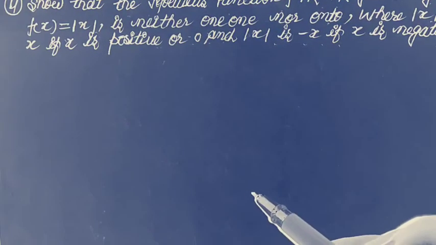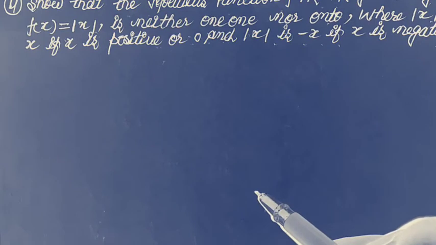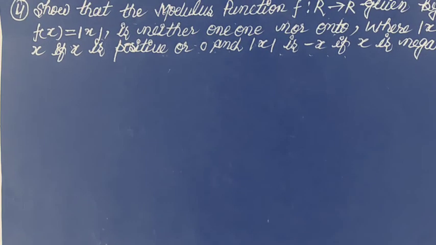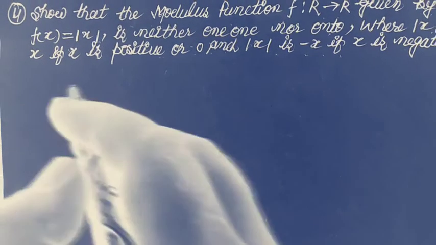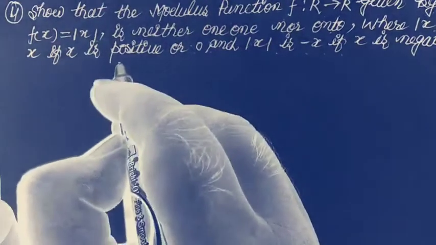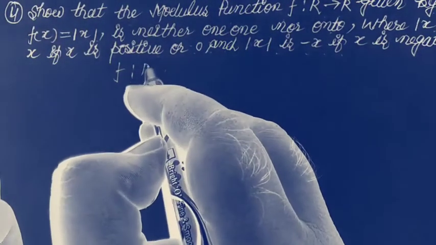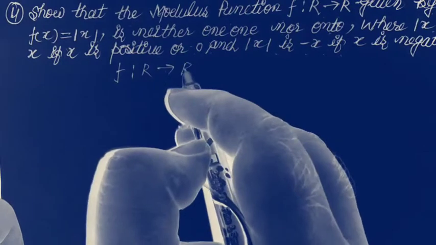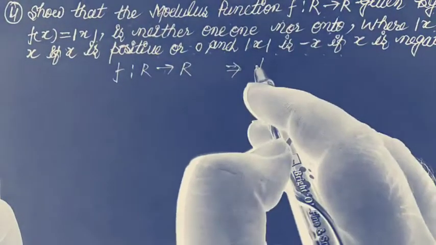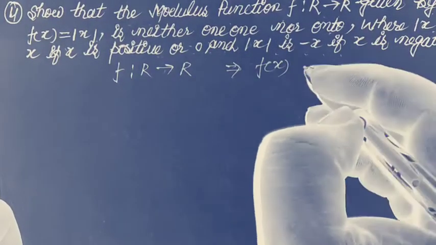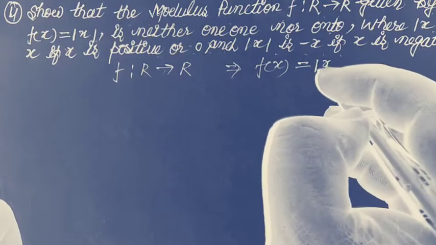So we know very well about the modulus function. So let's see. First we have f: R → R, and the function we have here is f(x) equals modulus x.